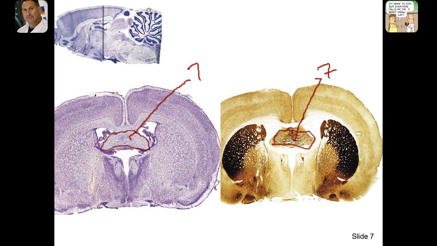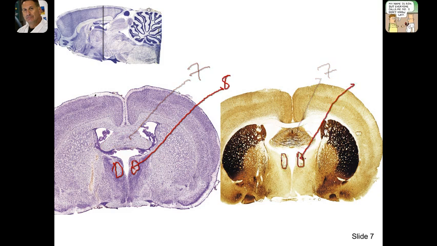And then we have the fornix, which is the columns that are coming down of the same axons. We have the hypothalamus that is bordering the ventral third ventricle.